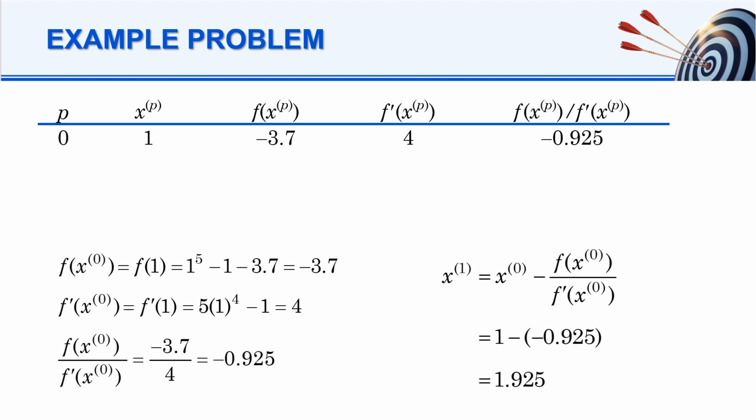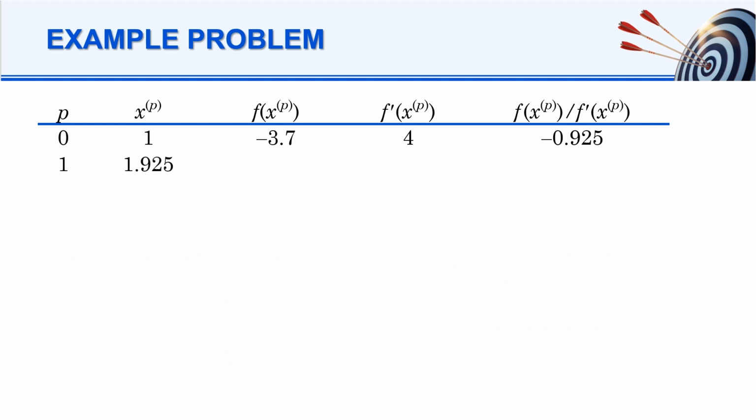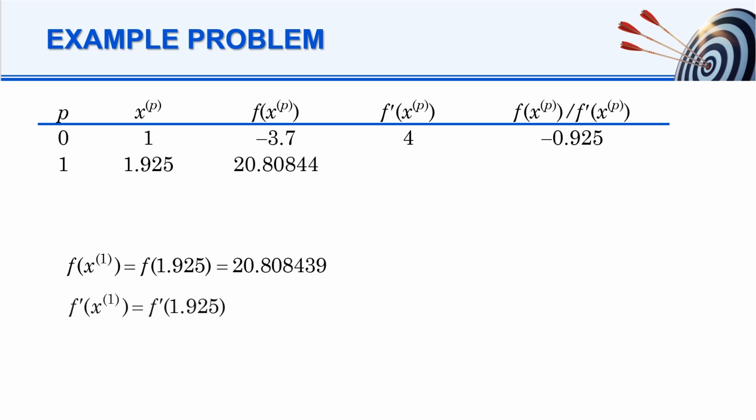1.925. We repeat the process with the first estimate, x1 equals 1.925. f(x) at x1 is found as 20.80844. f'(x) at x1 is obtained as 67.65828.